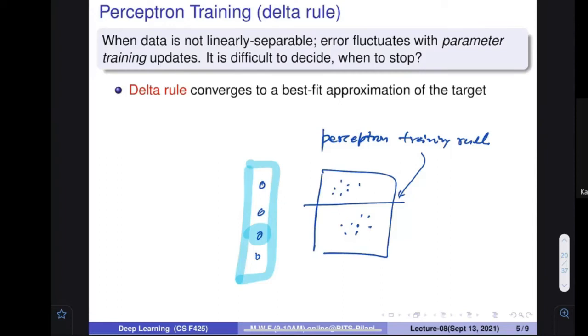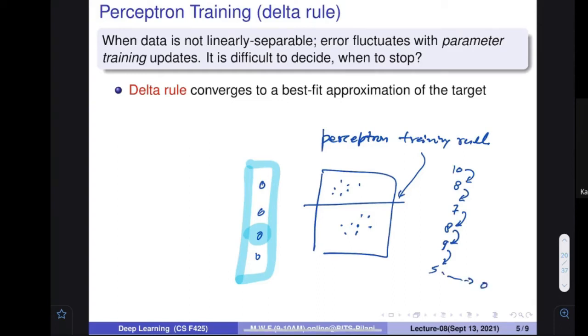When we started initially, the error was on 10 points, then we updated the parameters and the error became 8 points, then 7 points, then again 8 points, then 9 points, then 5 points, and at the end the error became 0 points.